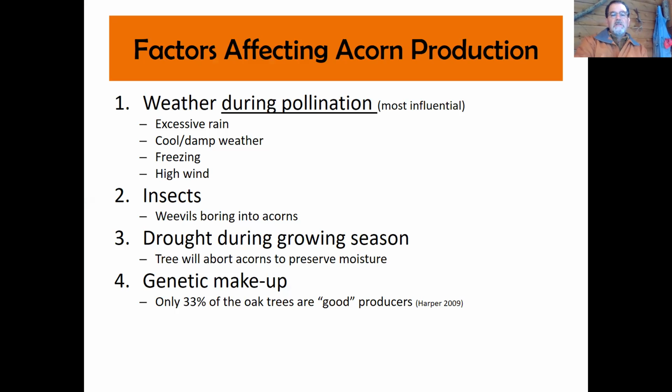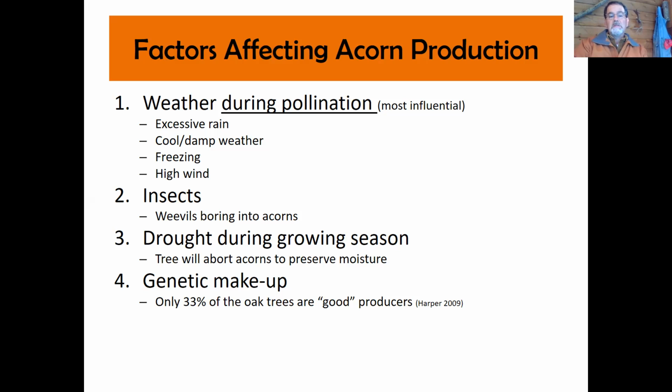If we have excessive rain, that's detrimental because rather than the pollen floating around as it should, it tends to run off or drip off the branches and not reach the female flowers. Of course, cool, damp weather will hinder pollination, particularly as the pollen tries to float around. Freezing, of course, is going to kill both the male and female flowers, late season freezing.